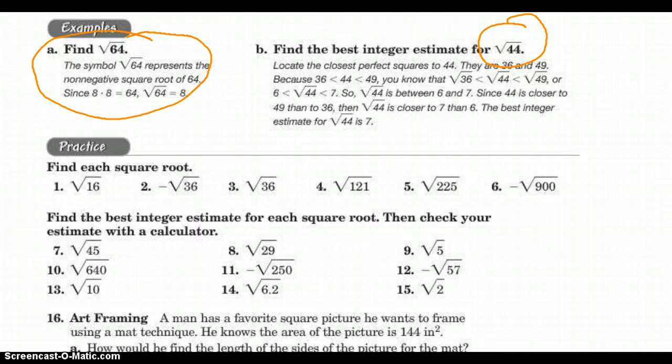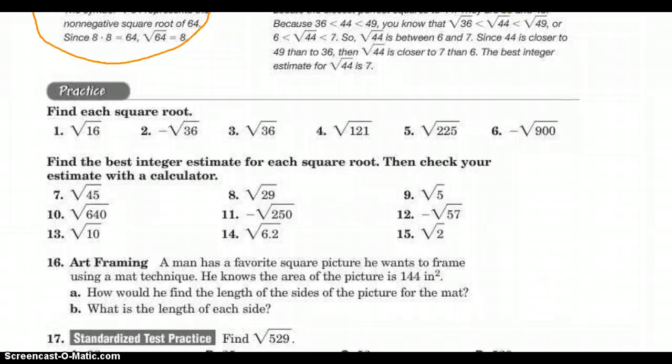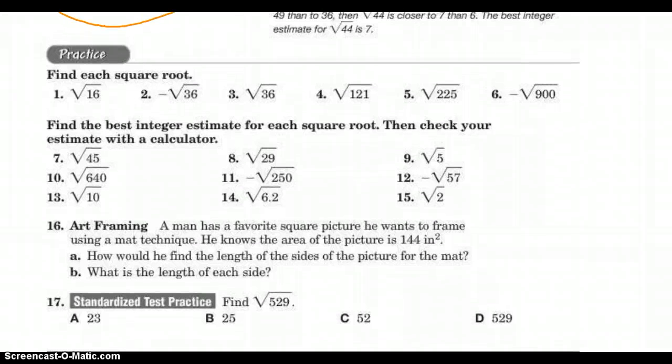You might want to write down 7, 8, 9, 10, 11, 12, 13, 14, 15, and 16 and 17 as well. Work these, and as I put the other video up to talk about how to find these irrational numbers, you might want to jot these down too.